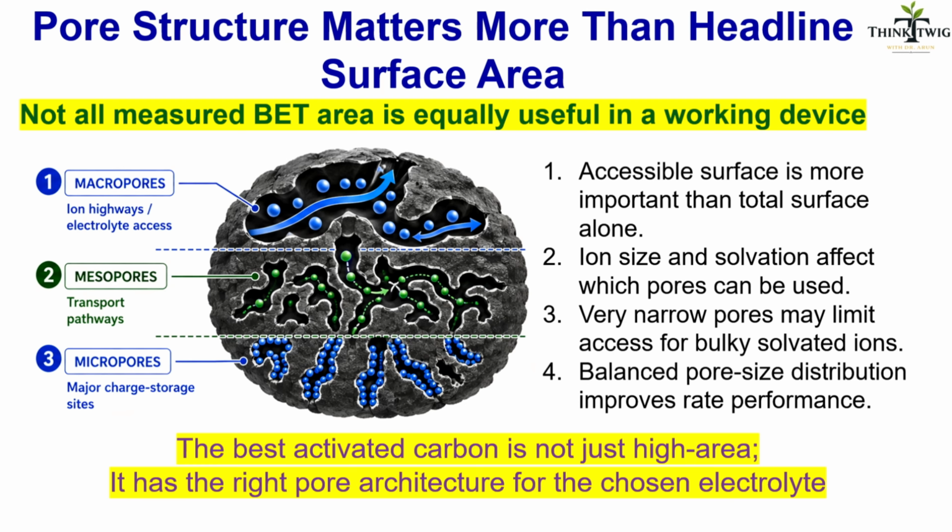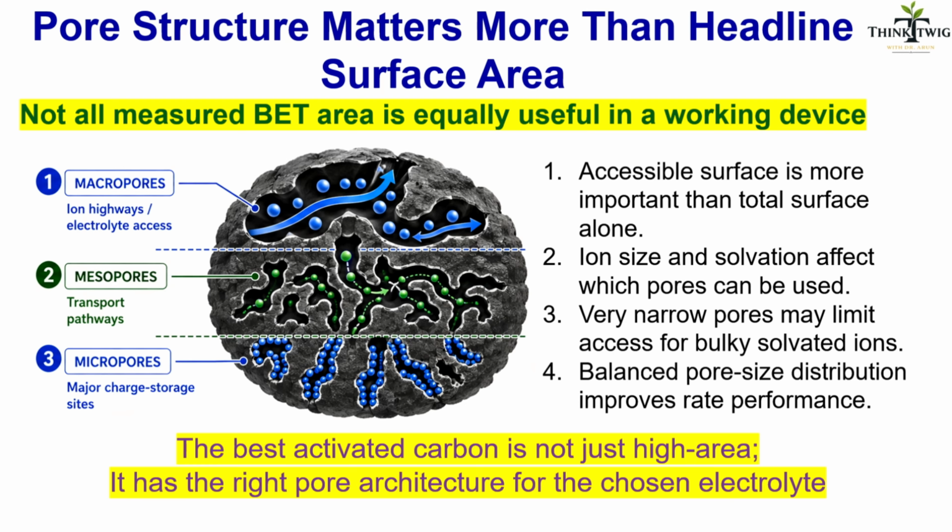But BET surface area is actually a standard measured surface area value. It tells us how much surface is detected during the measurement. But a supercapacitor does not operate using the measuring gas used for the BET analysis. It operates using electrolyte ions, and those ions need to enter the pores. So the useful point is not simply how much total surface does this carbon have.